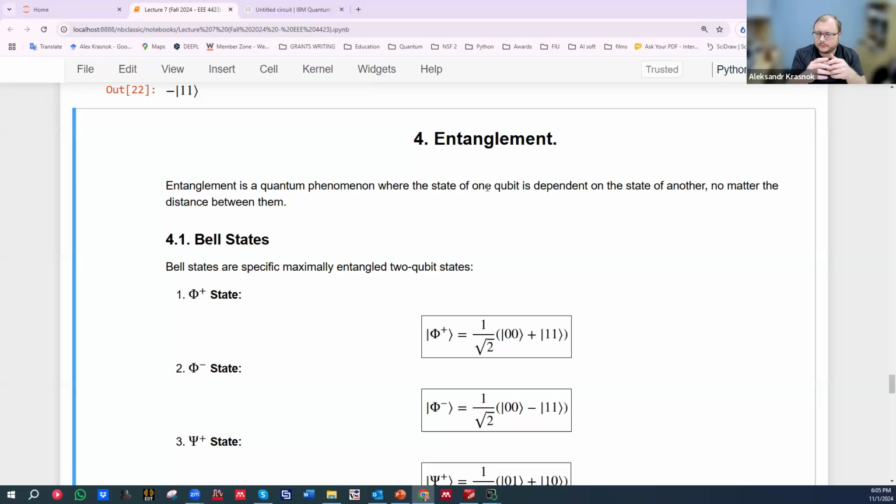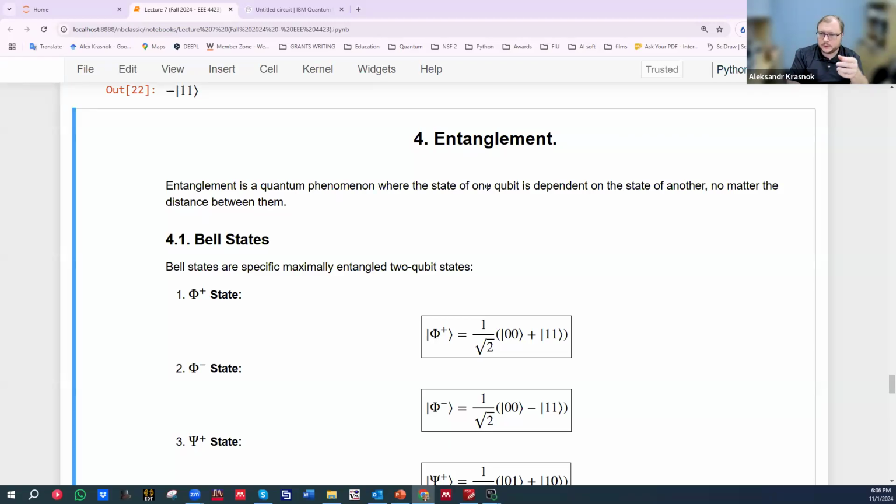Okay, but this is something we can see in classical physics. If you have one resonator, another resonator, you bring them together, of course they interact, and if you change one resonator, it will change another one.